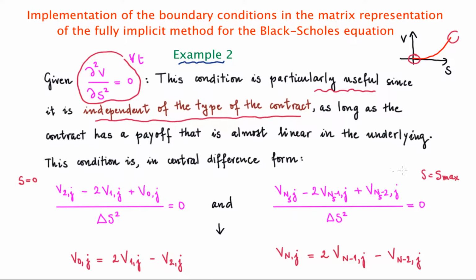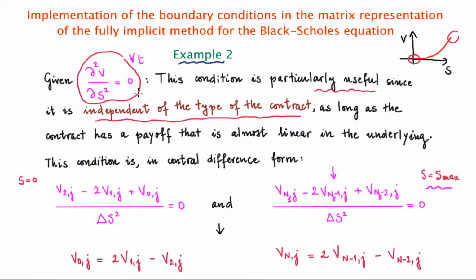And the same for the finite difference representation of the second order derivative of V with respect to S evaluated around S equal S maximum. In this case, this one is centered around the index corresponding to the S variable of NS minus 1. So again, it involves the evaluation of 3 different values of the option.